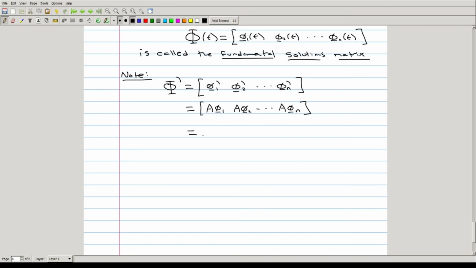Which is the same thing as matrix A times the matrix phi1, phi2, phi(n), or just A times phi.